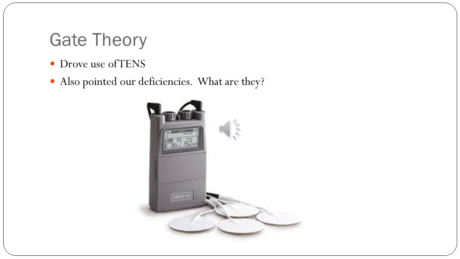Now, there are some deficiencies as far as the gate theory and its implementation. One of them is that it cannot account for chronic pain syndromes. Not necessarily a long-standing acute injury that gets re-aggravated, but more chronic pain, it doesn't really account for how the pain from that is perceived and controlled.